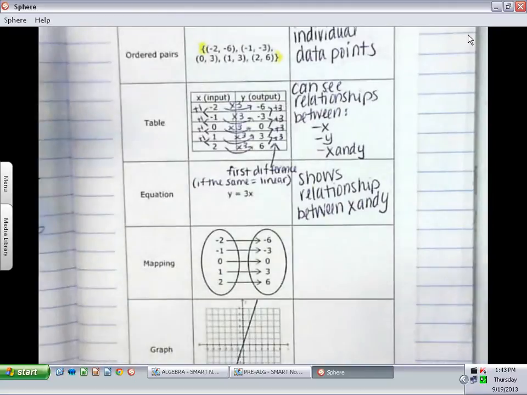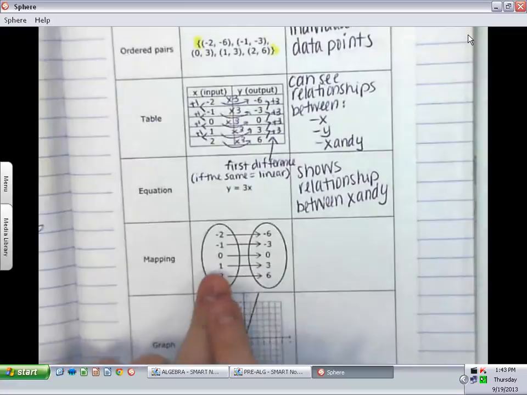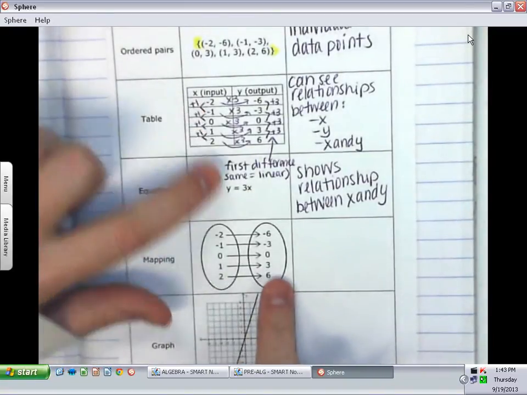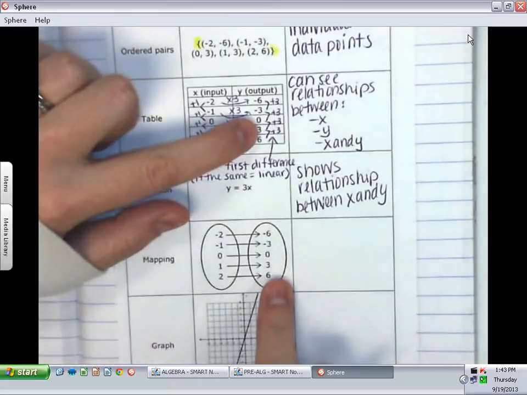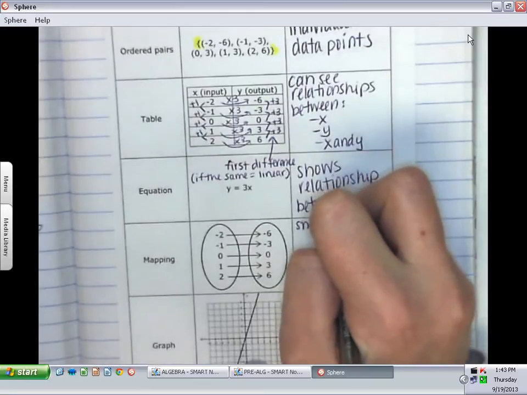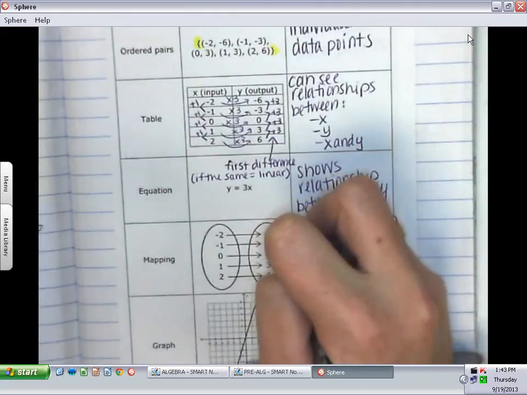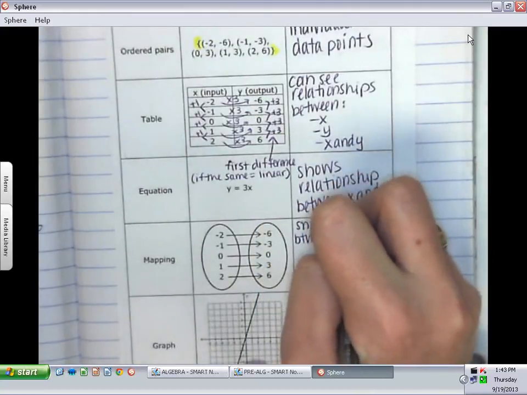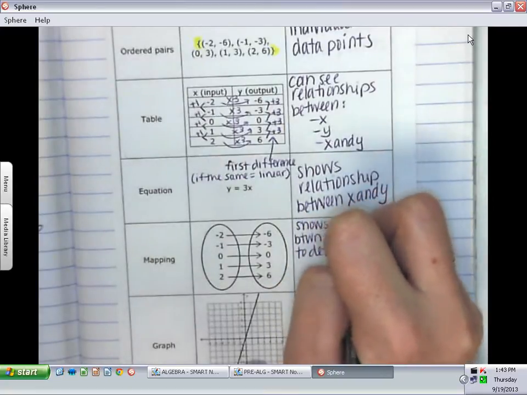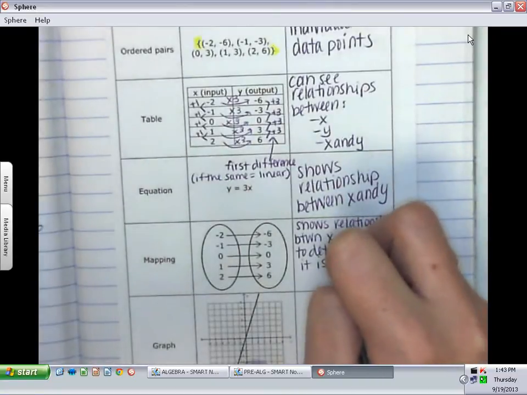Now the next one you may not be familiar with. This is what we call a mapping. If you look at your table, the data here is the same as the X's, the data here is the same as the Y's. So this shows a relationship between X and Y to determine if it is a function.